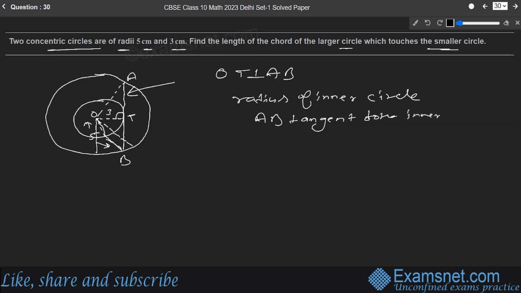We know that tangent and radius are always perpendicular to each other. So that's why we can say that OT is perpendicular to AB. This is the first thing that we notice.